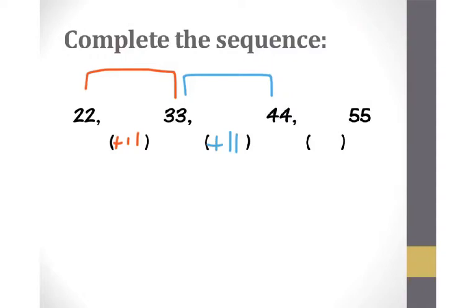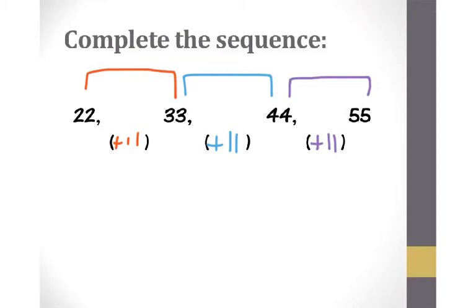To keep going with the sequence, what is the difference between 44 and 55? Plus 11. So if I was to ask you, what do you think the next number in the sequence will be? How will you work that out? Just pause the video and think about that. So 55 plus 11 is 66.